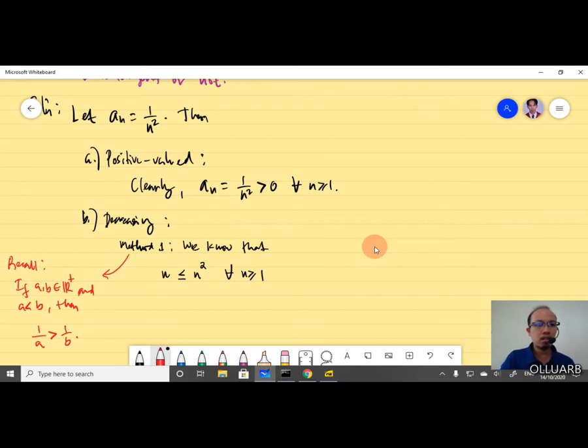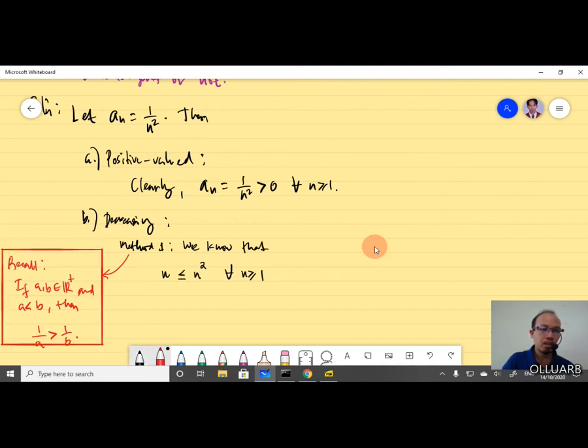I discussed this last time, in lesson number 5, I guess, or lesson number 4. So this is our a, our a is n, our b is n squared.